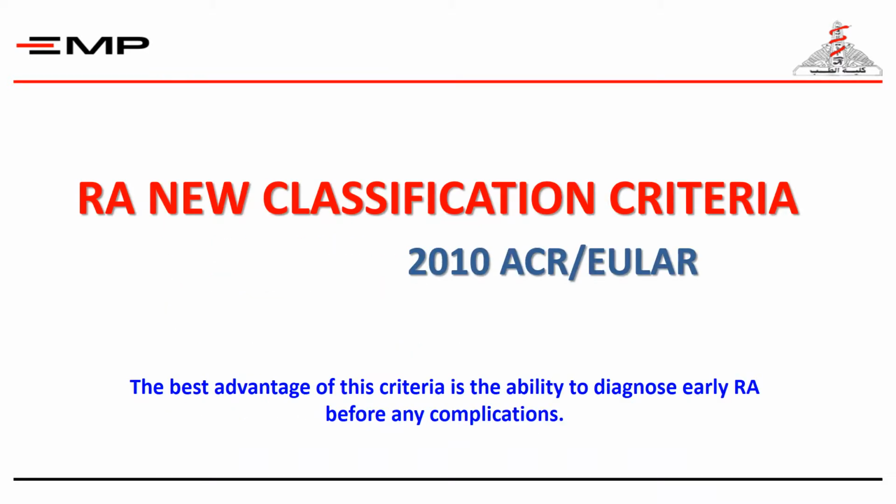So there is a new classification criteria now in 2010 by the American College of Rheumatology and by the European League Against Rheumatism. The best advantage of this criteria is the ability to diagnose early rheumatoid arthritis before any erosions.